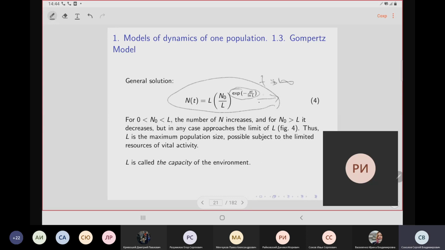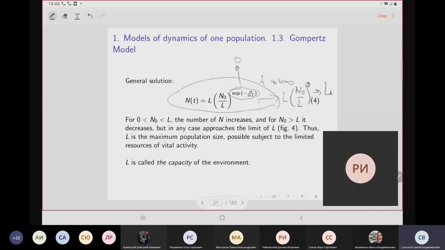So the exponent itself goes to 0, and the whole function goes to L multiplied by n0 divided by L to the power of 0, and any constant to the 0 power is 1.